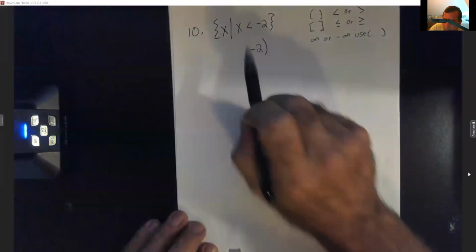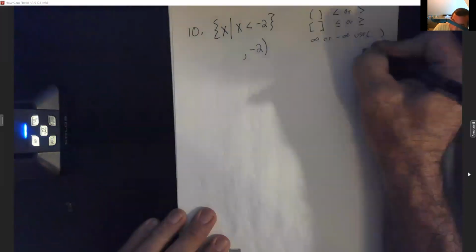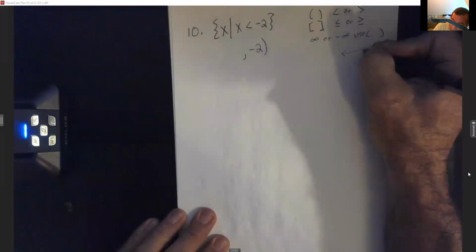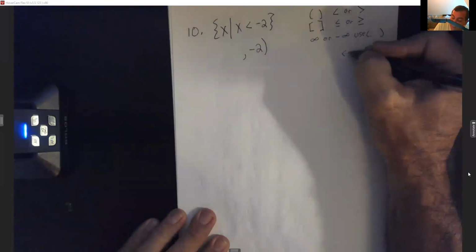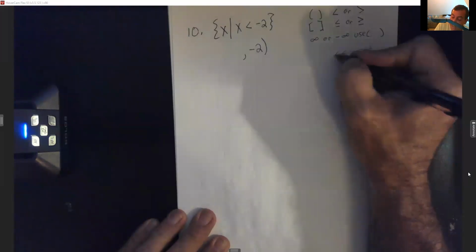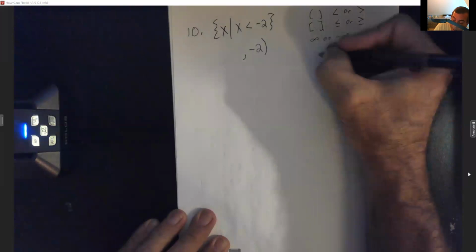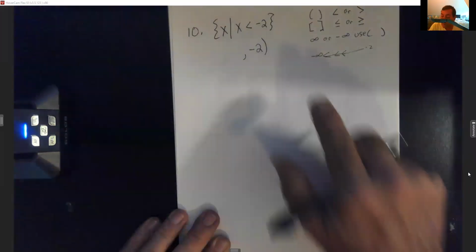Now, if you're less than negative 2, on your number line, you're headed toward the left. So here's negative 2. Then you get negative 3, negative 4, negative 5. We say if you're heading left on the number line, you're headed towards negative infinity. I can always get one number smaller by subtracting.